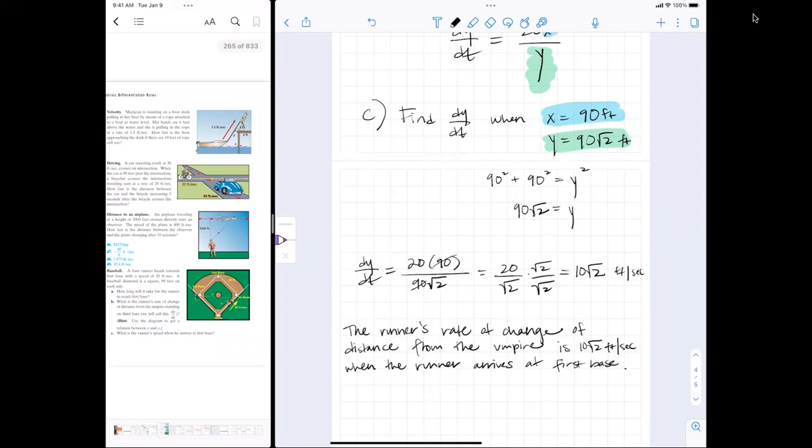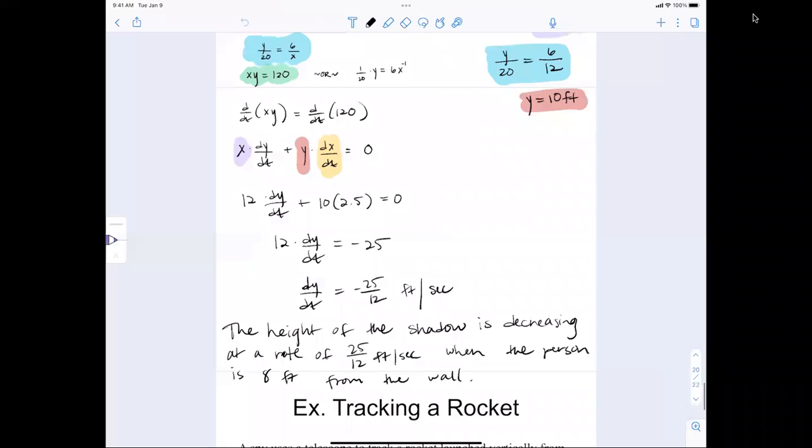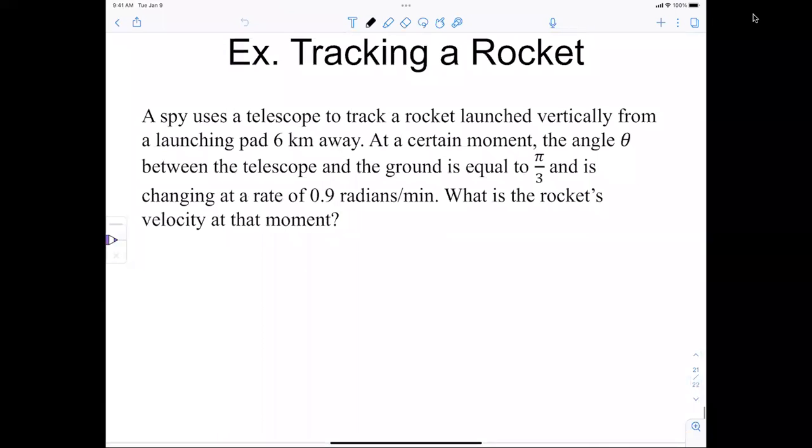So I'm going to switch over to the notes. And we are on the tracking a rocket example, the last example from our related rates notes.